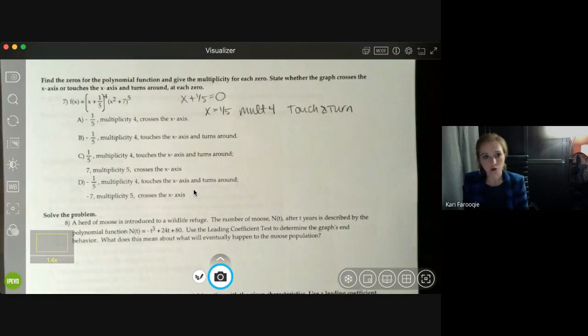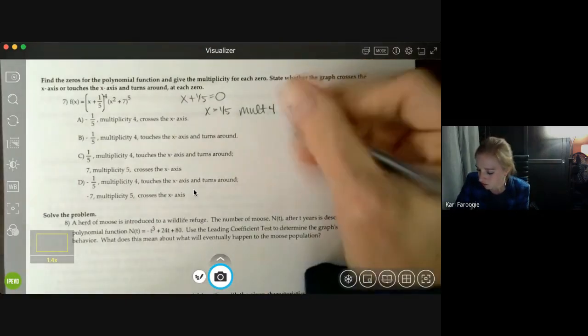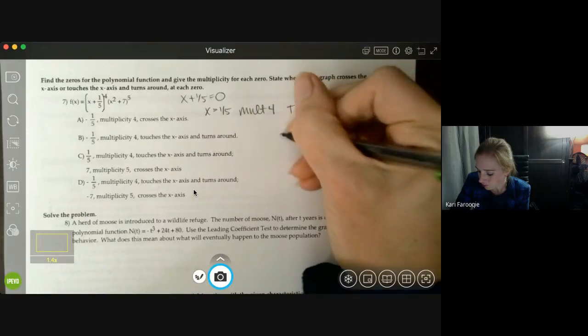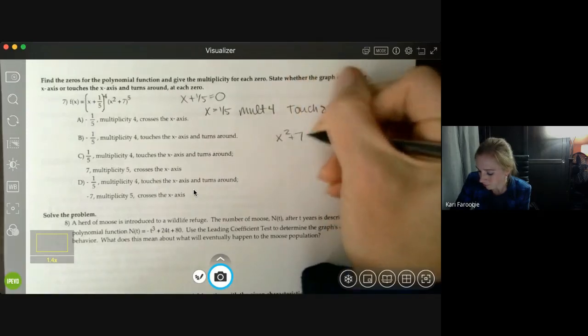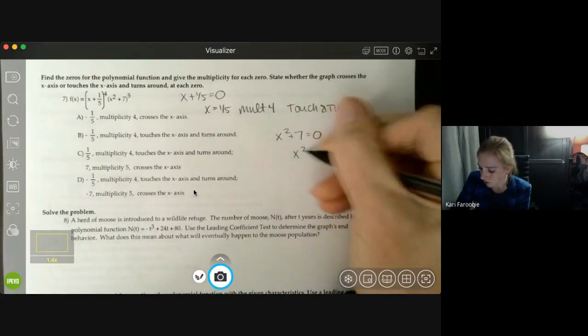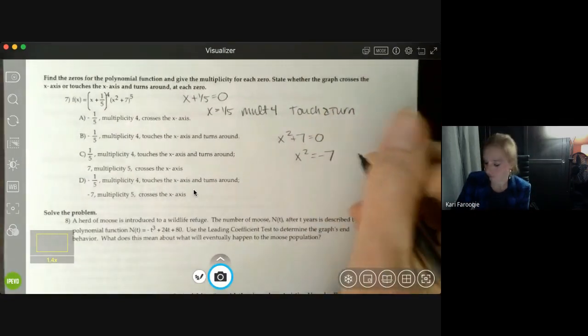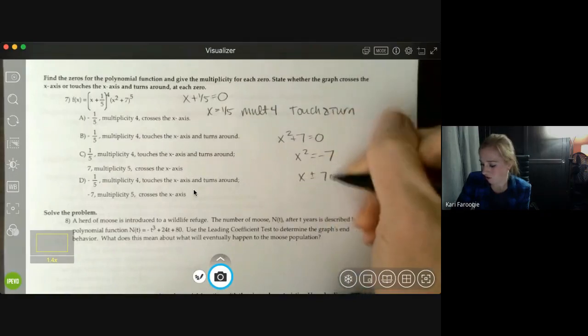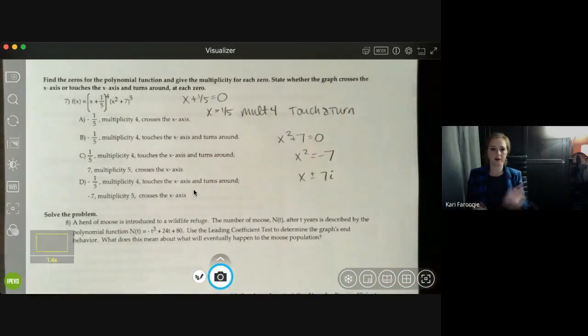The other thing you are probably looking at is that second factor of x squared plus 7 to the 5th power. However, when you take that factor and set it equal to 0, you get x squared equals -7. And then you get x equals plus or minus 7i. We're not going to be talking about imaginary zeros. So we won't need to worry about that.